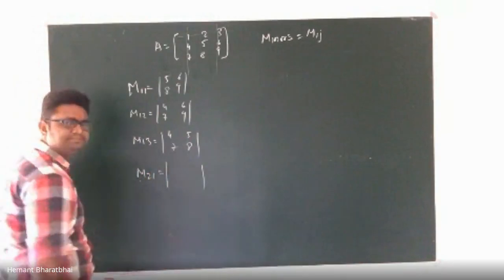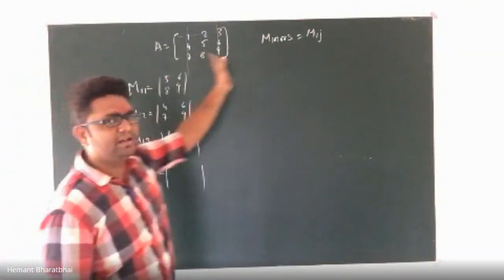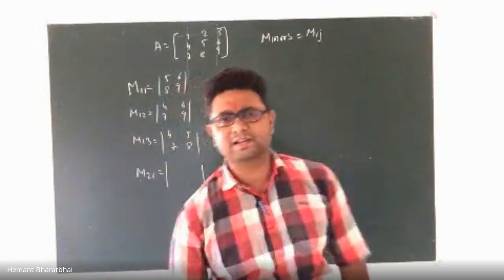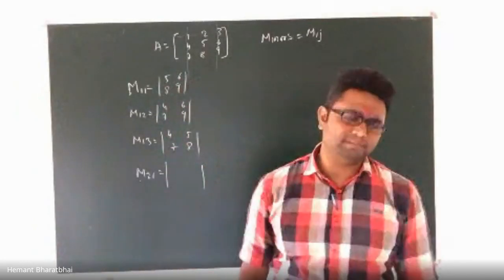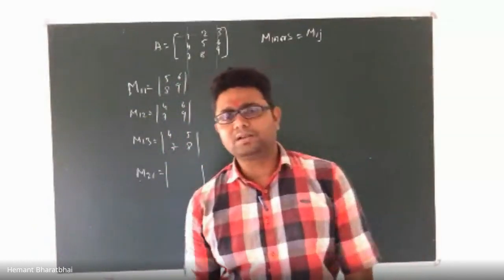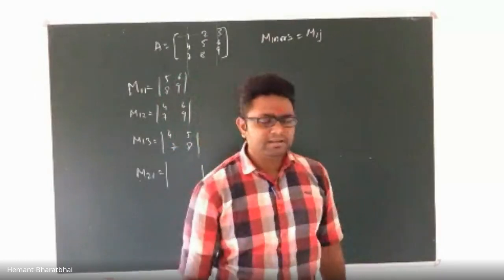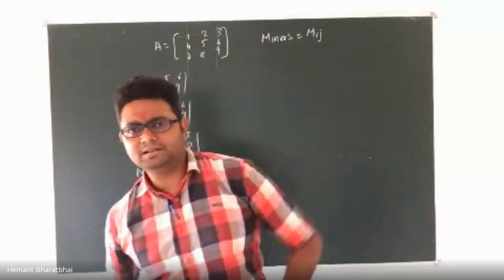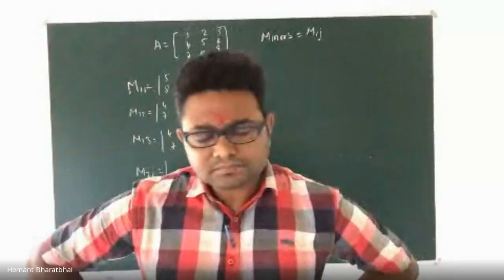Then M21. How many elements are there in this given matrix? There are 9. So there will be 9 matrices. Whatever number of elements are there, that many minors will be there.